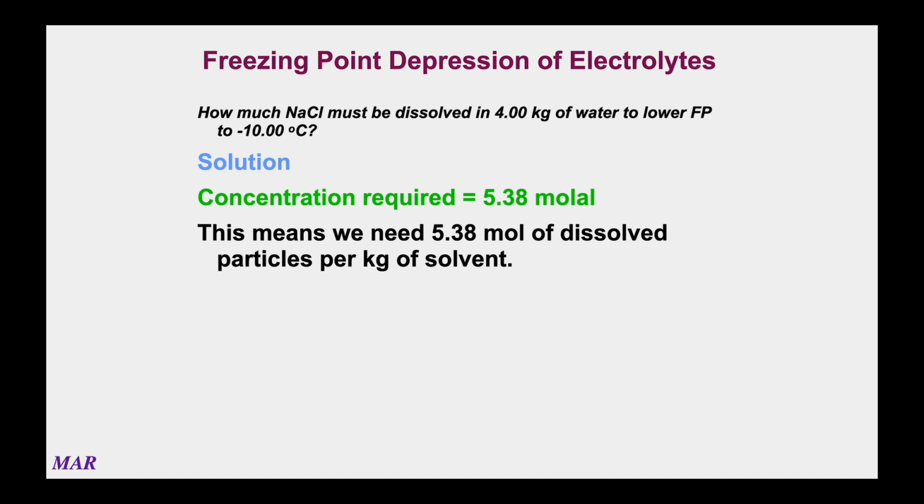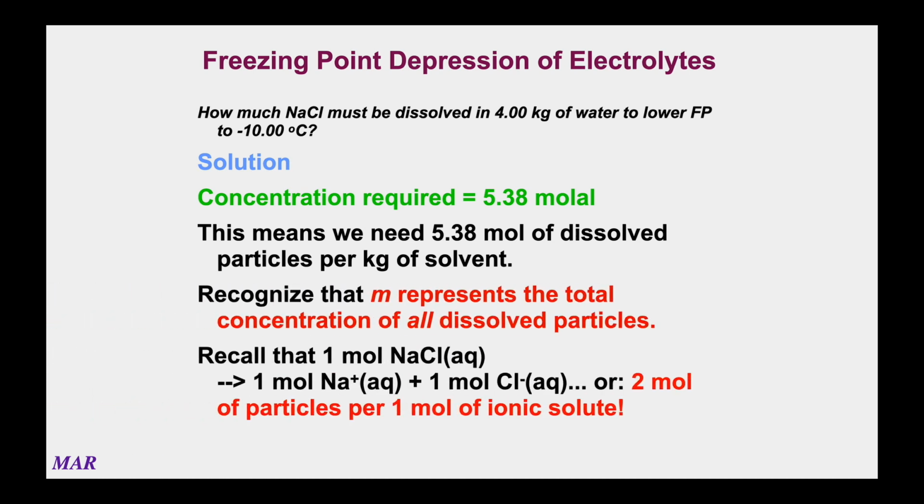NaCl breaks up into Na+ and Cl−, i.e., you get more than one piece per mole. So for NaCl, you're going to get 2 moles of particles per 1 mole of ionic solute. The little m just represents the total number of particles, and you get 2 particles per NaCl.